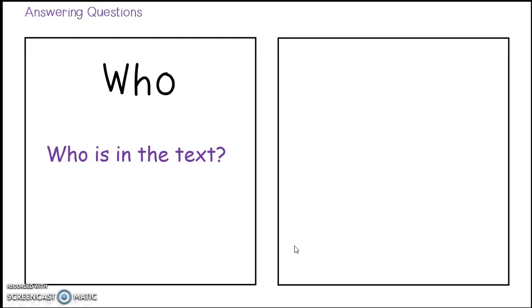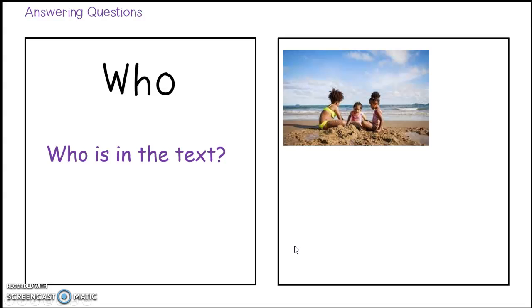There are different types of questions that we can answer. We can answer questions like who questions. Who is in the text? We see this picture. There are 3 girls in the text. There are 3 kids in the text. Maybe a character like Curious George is in the text.